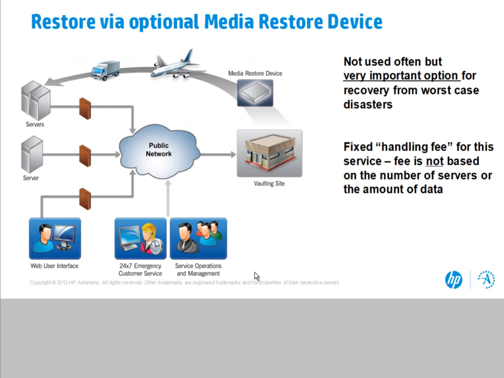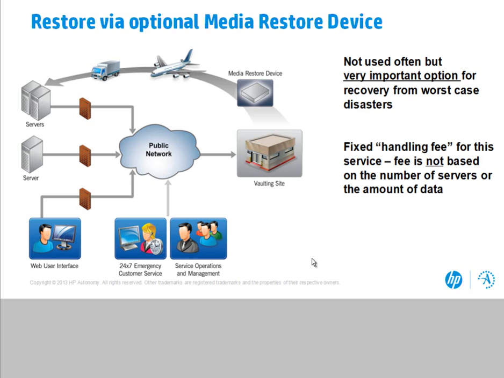There is one other way of restoring data that we call our media restore option. There is a service fee associated with this. It's not used very often, but it's a very important part of the insurance guarantee that you're getting with the LiveVault service. That is to say, if you did have a major catastrophe, say the whole computer room was flooded, and you suddenly needed to get a lot of data back, potentially from many different servers, this can be the fastest way to do that.